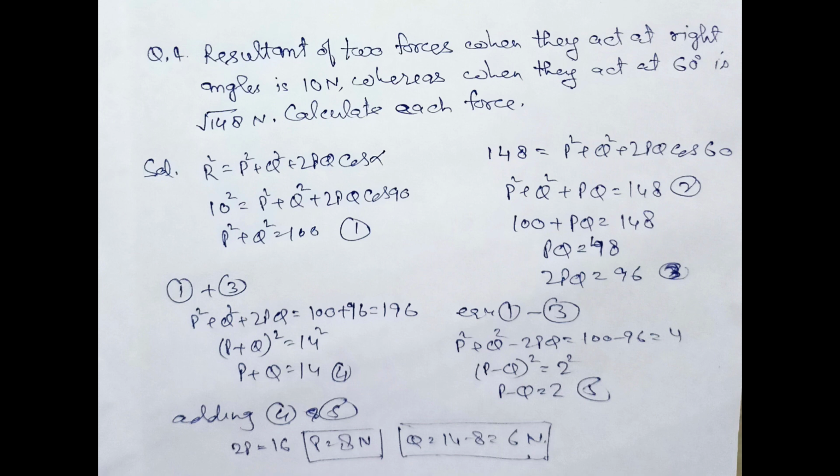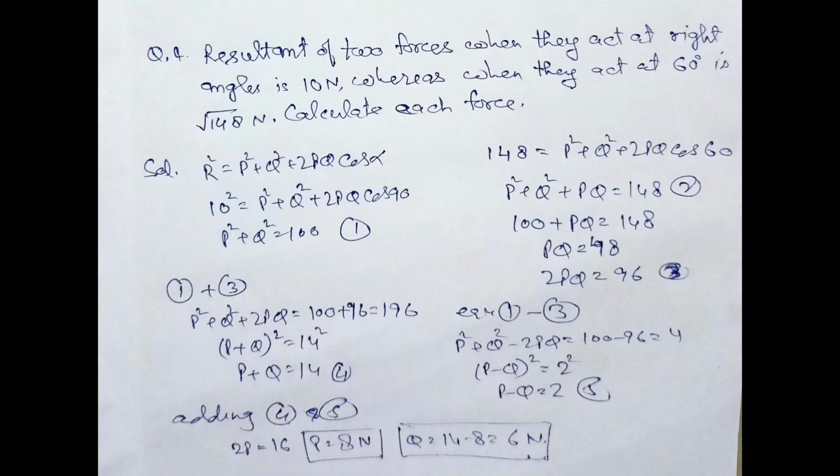Now if we subtract equation number 3 from equation number 1, we will get P square plus Q square minus 2PQ equal to 100 minus 96, that is 4, or P minus Q whole square equal to 2 square, P minus Q equal to 2. Now adding equation number 4 and 5, we will get P equal to 8 Newton and Q equal to 6 Newton. So in this way we can solve these types of problems.